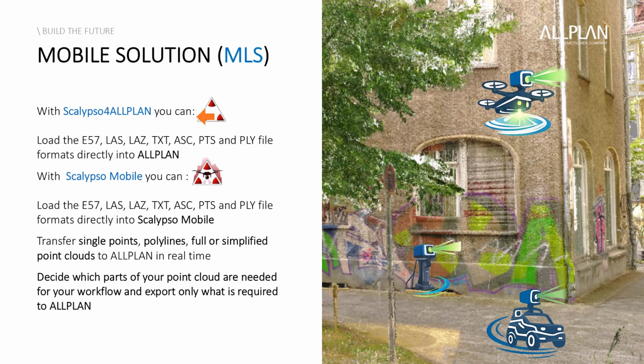Therefore, I can decide exactly which specific parts of the point cloud are necessary for my workflow. So the first solution, Scalypso for Allplan, imports the entire point cloud exactly as it is into Allplan, whereas the second option provides me with several additional management tools.